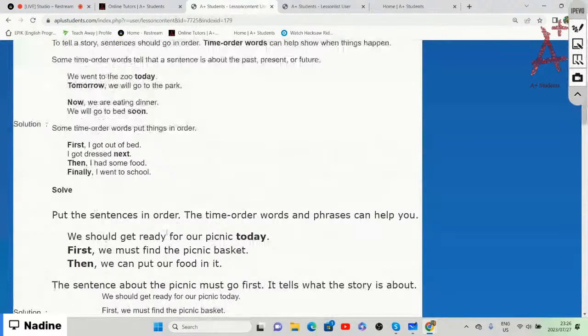We should get ready for our picnic today. First, we must find the picnic basket. Then we can put our food in it. This is now in order of how things happen, right? So time order words and phrases can help you put things in order.